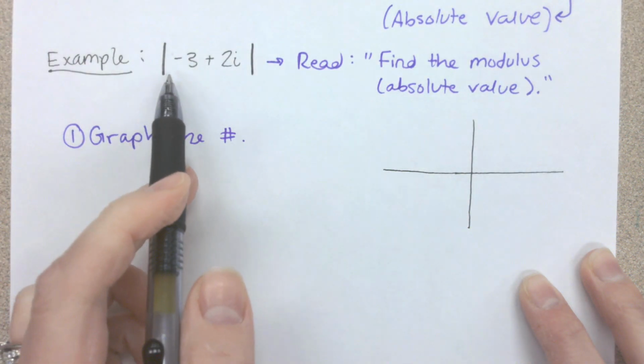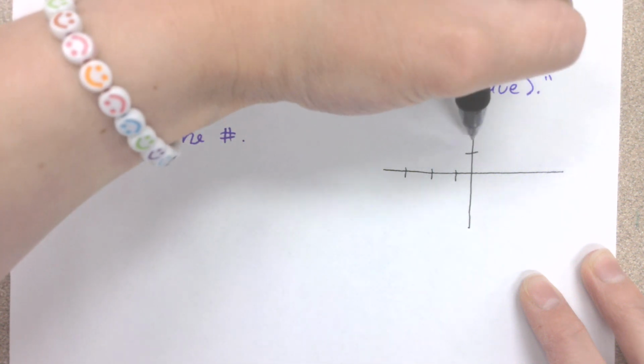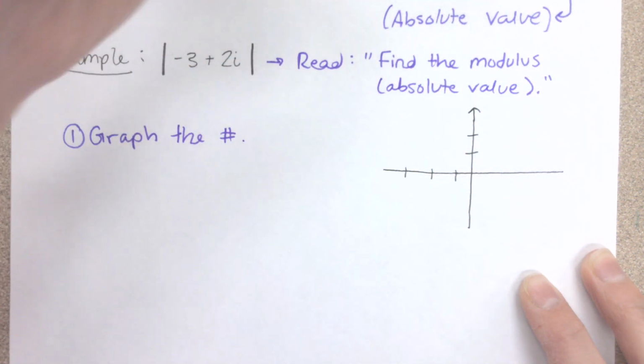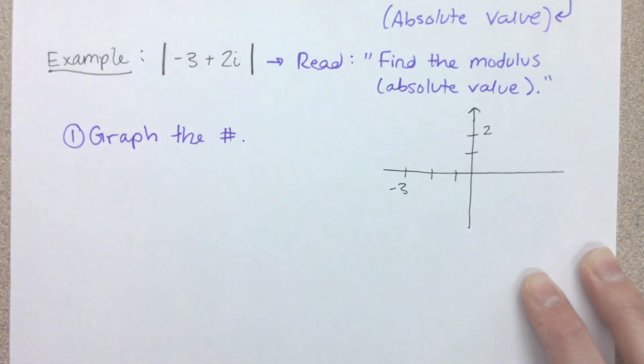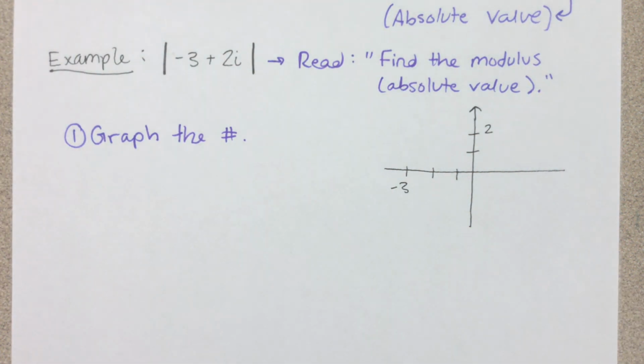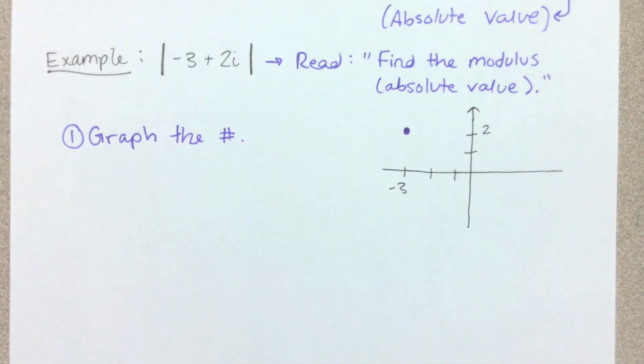And this will be left 3 up 2, so that's the notches I'm going to draw. So there's our point.